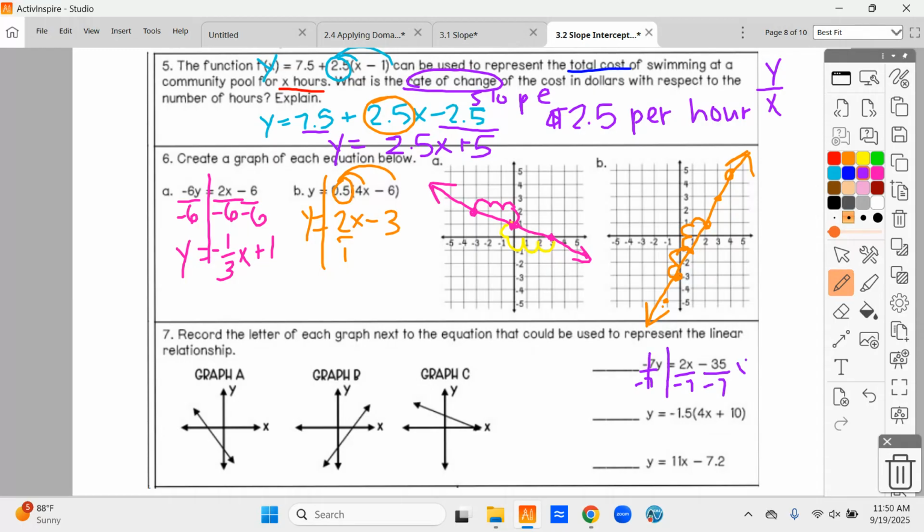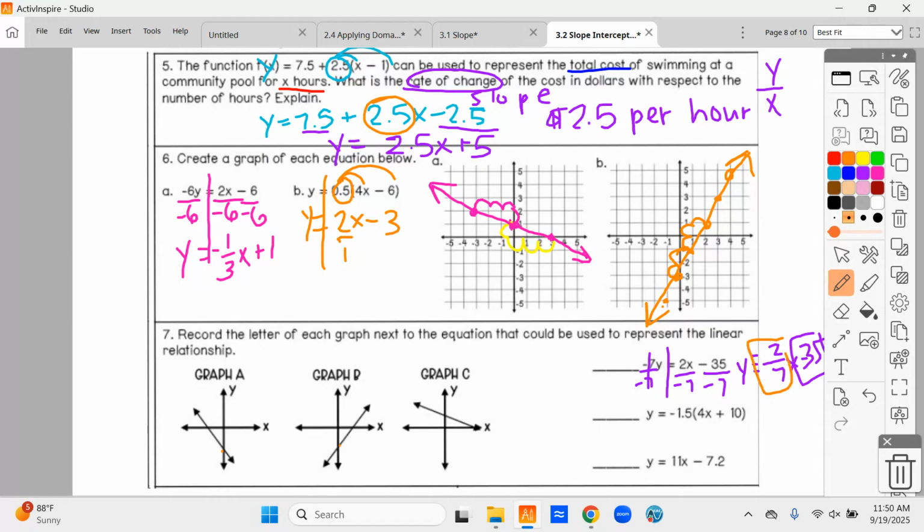So I'd have y equals negative 2/7, so that messed with our slope, right? So now I have a negative slope minus 35. So my y-intercept should be a negative, and my slope is also a negative.